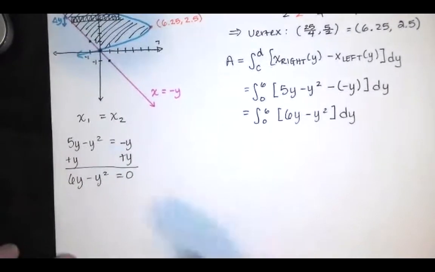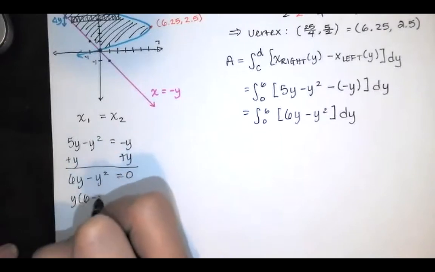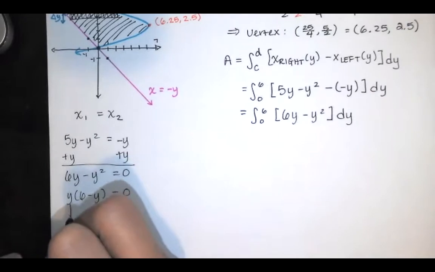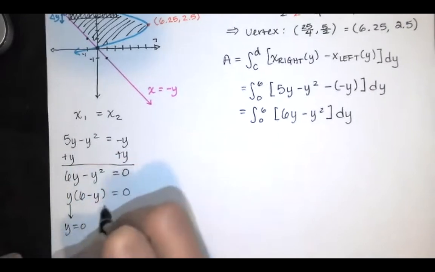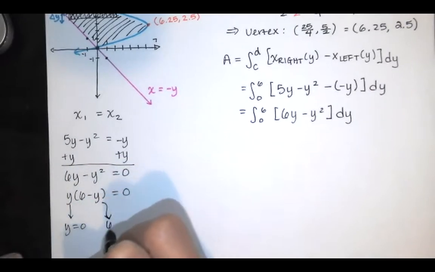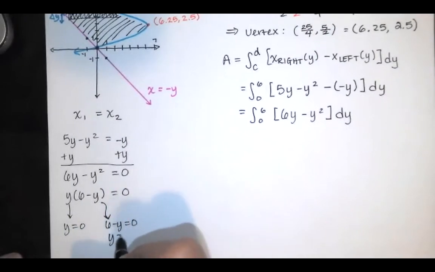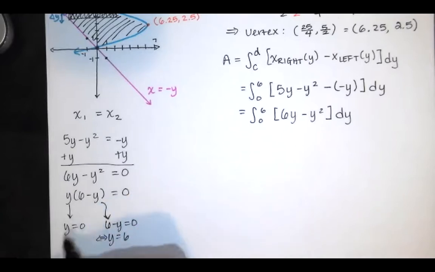And then we can factor out a y. Now you have this times this equals 0. The only way that happens is if the first factor equals 0 or the second factor equals 0. If we add y to both sides here, we get y equals 6. And over here, of course, we have y equals 0.